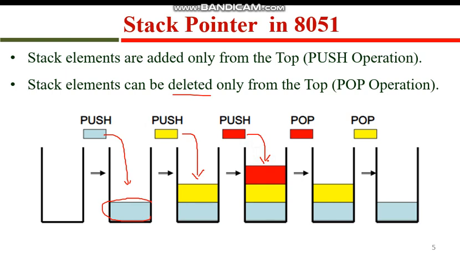When something is taken out, so last was this red color element that is popped by the stack pointer. So here we have only two elements. Then yellow is removed from the stack, or you can say popped, so only one is remaining, and this can be removed at the end. So the data added at the last will be popped first, that is called as last in first out type.